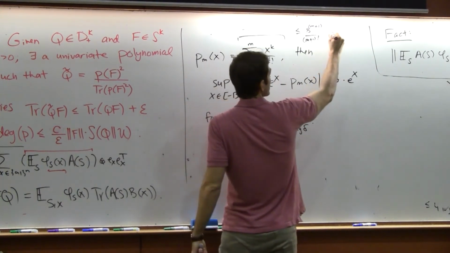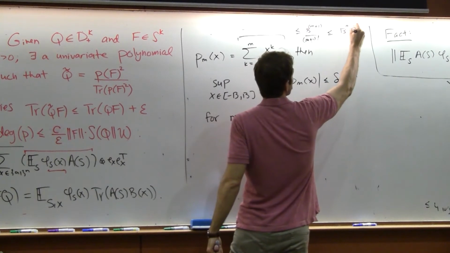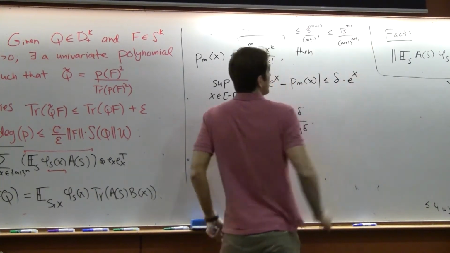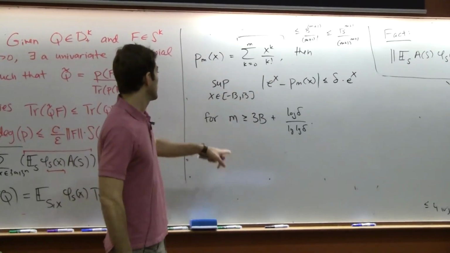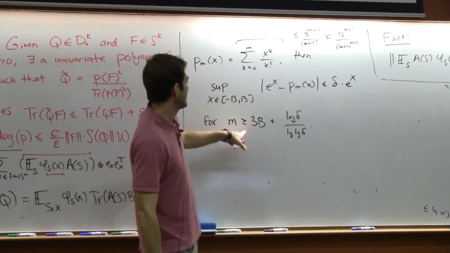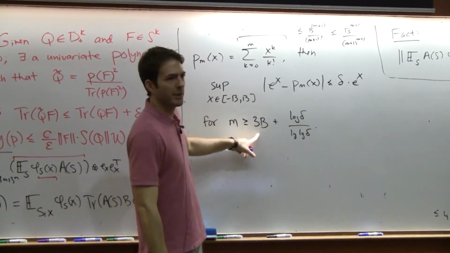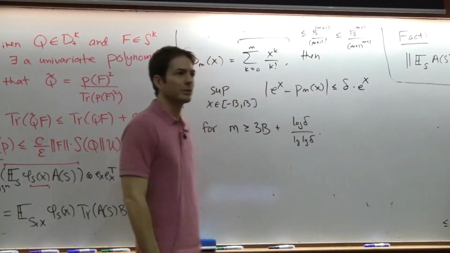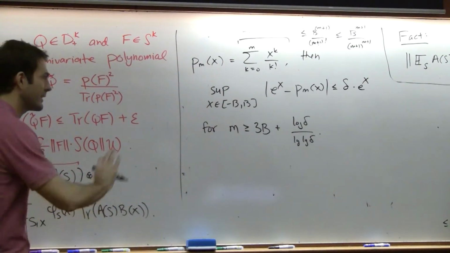Does it make sense? This is at most, I'm just saying something trivial like b over m plus 1 to the m plus 1. So if you want that to be 1, you should choose m to be, I mean, this is a gross overestimate, but choose m to be about b. And then if you go a little further, you get even smaller than 1.